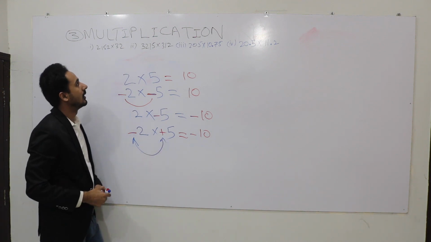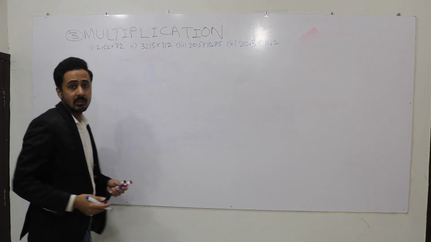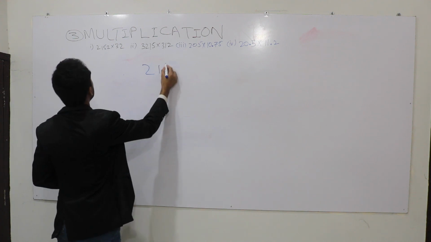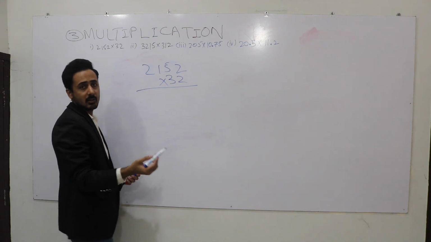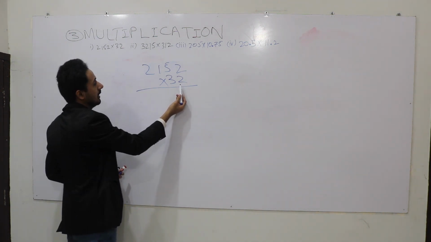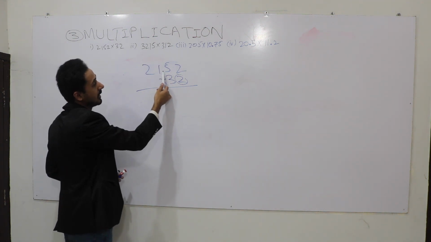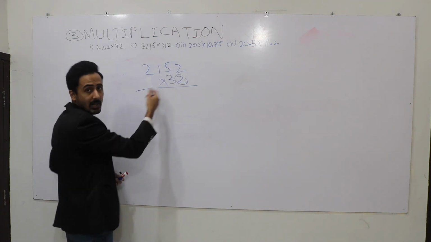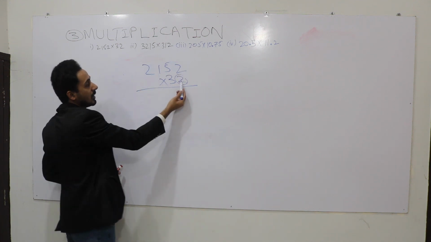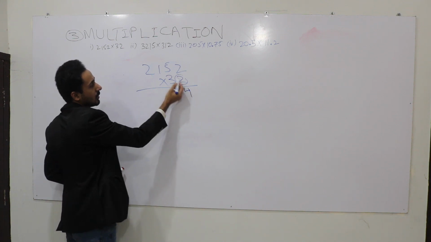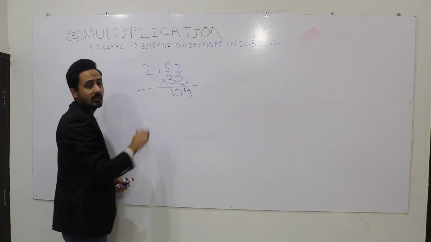Now let's discuss steps of multiplication. Let's multiply a few numbers. Let's start with this number 2152 multiplied with 32. Simply we will start from right side. This is 2, and this will be multiplied step by step with each digit, from right to left: 2, then 5, then 1, then 2. 2 2s are 4, 2 5s are 10. Now we will not write 10 like this here.